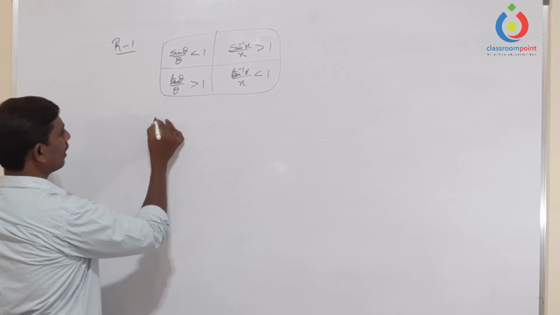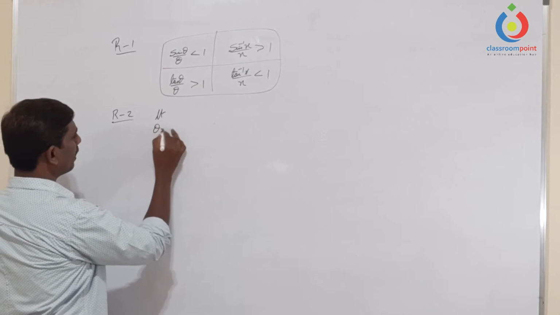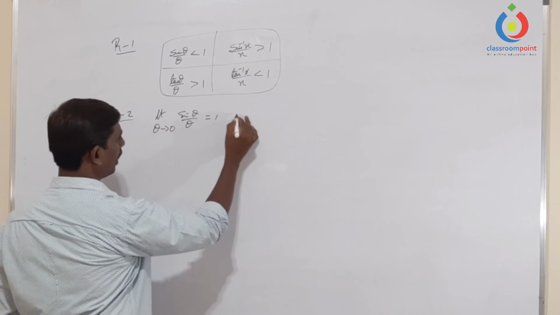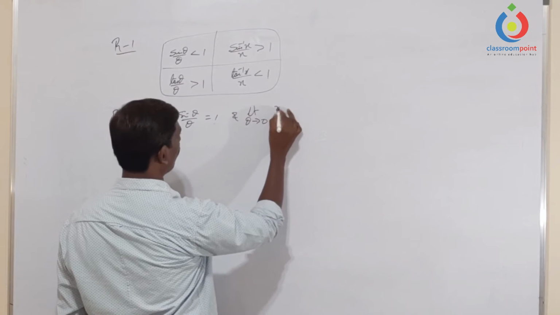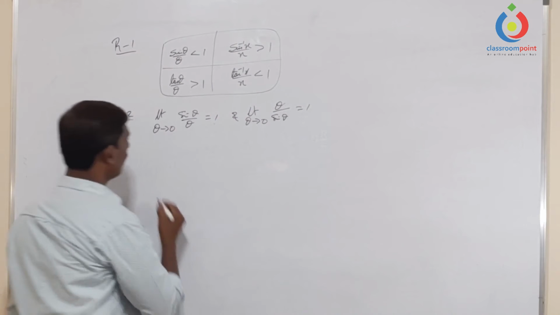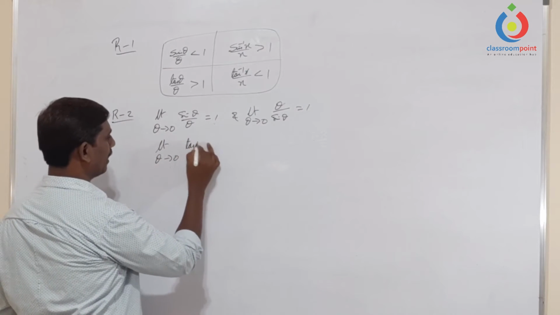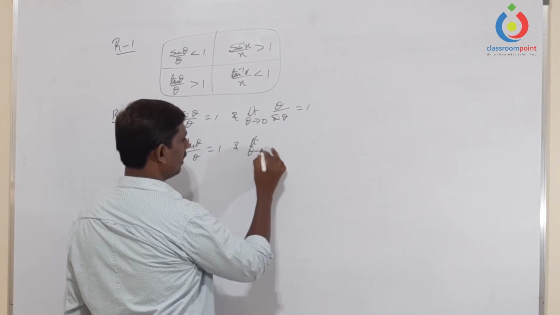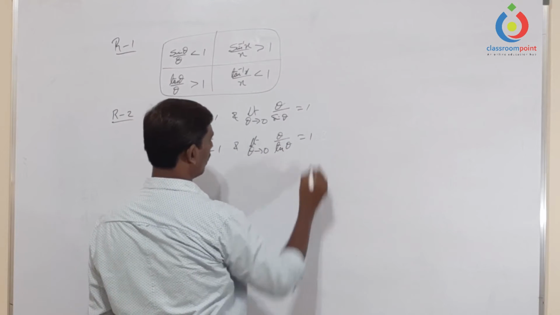So from that, limit, result number 2: limit theta tends to 0 sin theta by theta is equal to 1, and also limit theta tends to 0 theta by sin theta is equal to 1, and limit theta tends to 0 tan theta by theta is equal to 1, and limit theta tends to 0 theta by tan theta is also equal to 1.